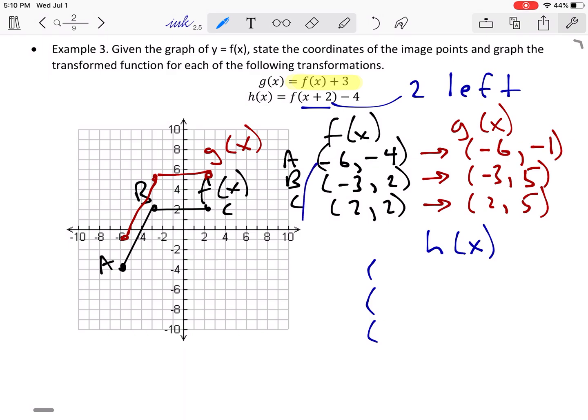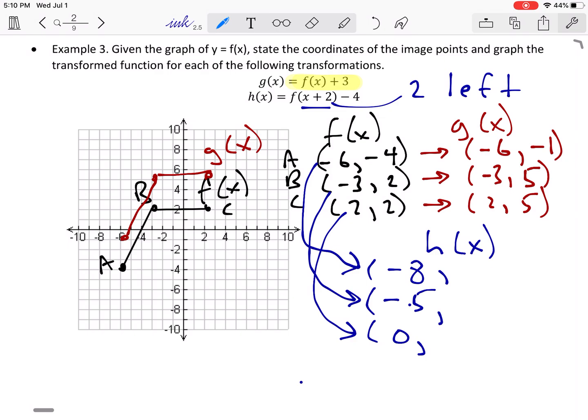The first one, negative 6, is going to become negative 8. Negative 3 becomes negative 5, and 2 becomes 0. That takes care of our x values, and then the y values are going to be down 4. So negative 4 becomes negative 8, and 2 becomes negative 2.